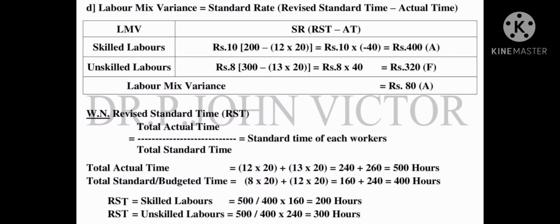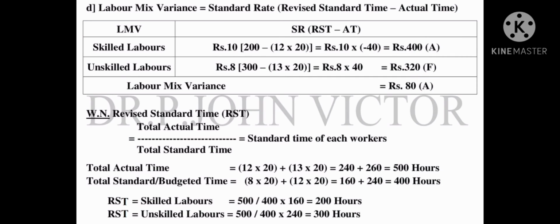So that is 500 hours. Likewise, total standard or budgeted time, 8 into 20 plus 12 into 20. 8 into 20, 160, 12 into 20, 240, totally 400 hours. Okay, now we have identified the total value of actual and budgeted time.